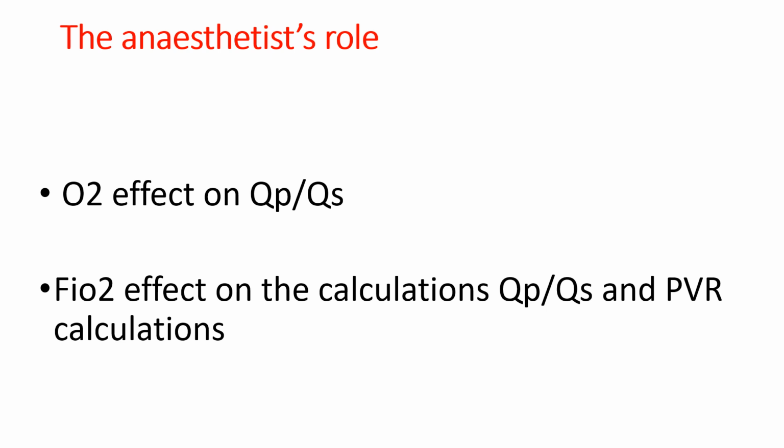And this also shows the significance of using low FiO2, avoiding hyperventilation, or even accepting mildly higher CO2, using low ventilation during anesthesia of the left to right shunts.